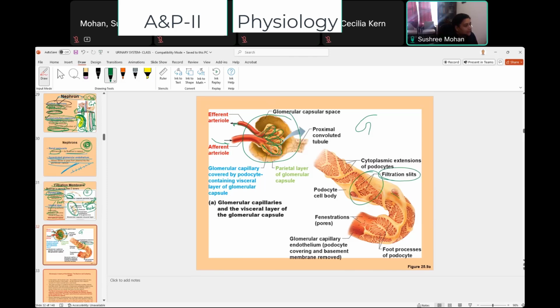Look at the fenestration, how beautiful the pores are. Through these pores, cytoplasmic extensions of podocytes, a podocyte has a foot-like structure, and through these fenestrations, filtration will take place. Foot processes of podocyte.